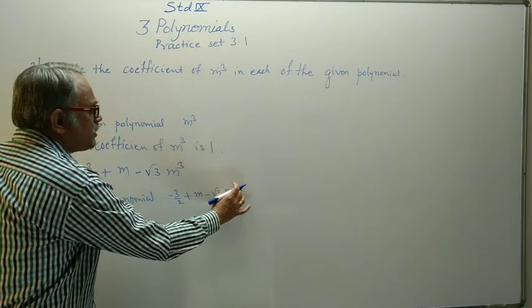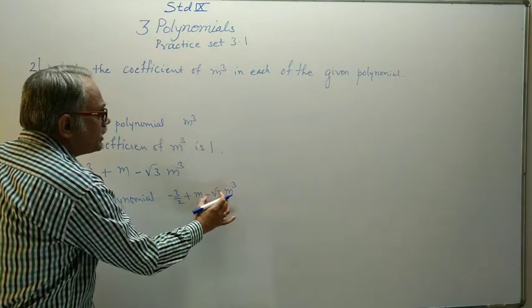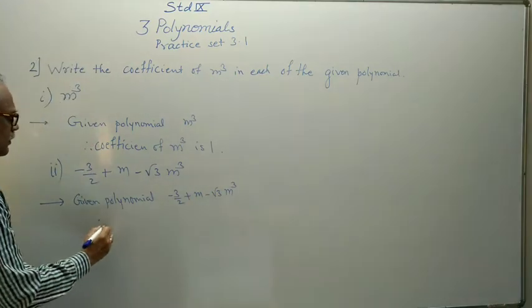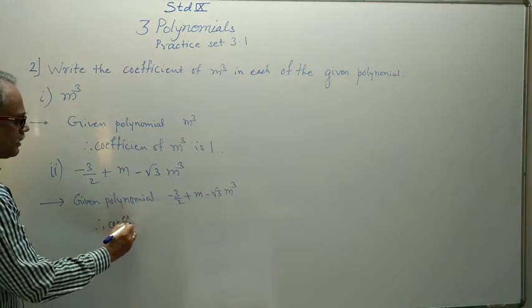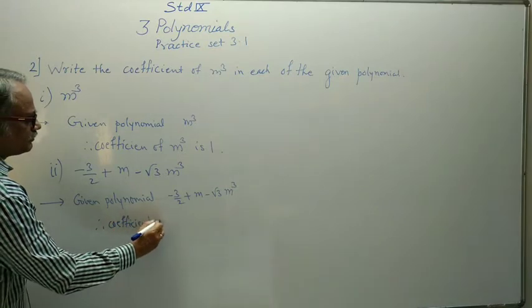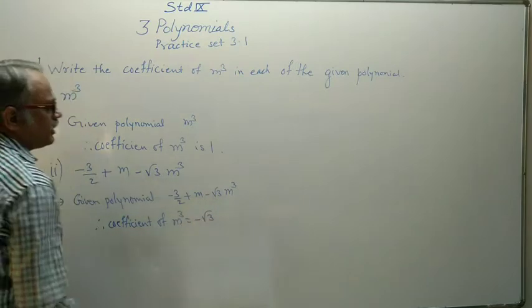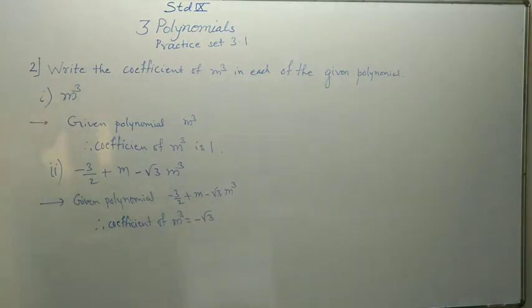What is the coefficient of m cube? Behind m cube is negative root 3, along with the sign we must write it. Therefore the coefficient of m cube is equal to minus root 3. A coefficient can be rational, irrational, any number. It is a constant, a fixed number. Maybe a fraction, maybe an integer, maybe rational, maybe irrational, maybe positive, maybe negative.